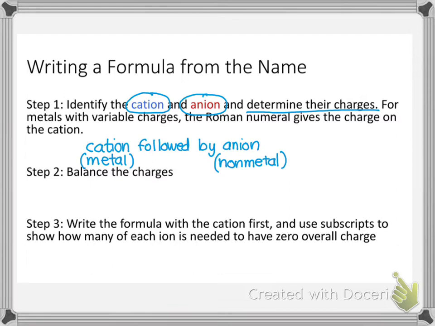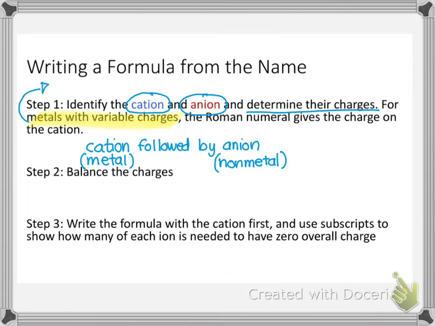You can remember, just as a side note, for any of the metals that have a variable charge, what that means is they can form more than one ion. So let me give you examples of that.